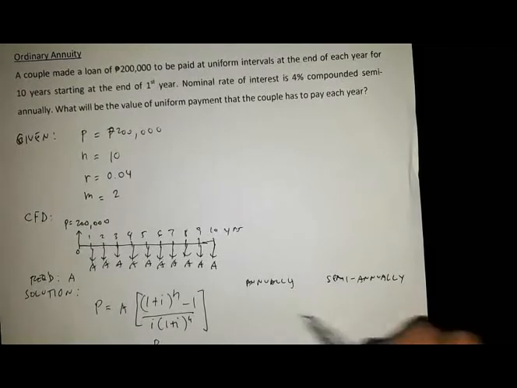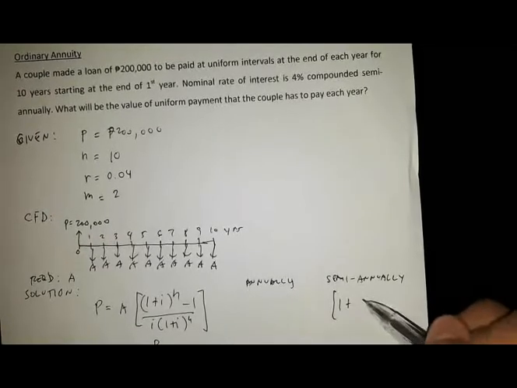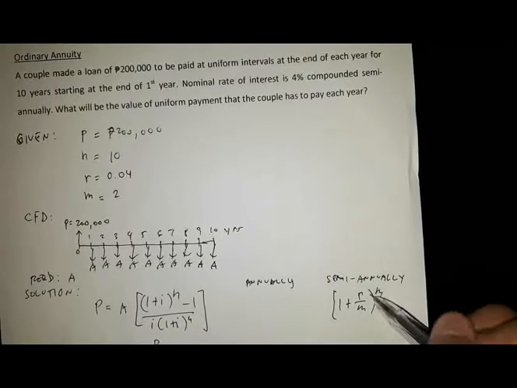For semi-annually, we have (1 plus r over m) raised to m minus 1.